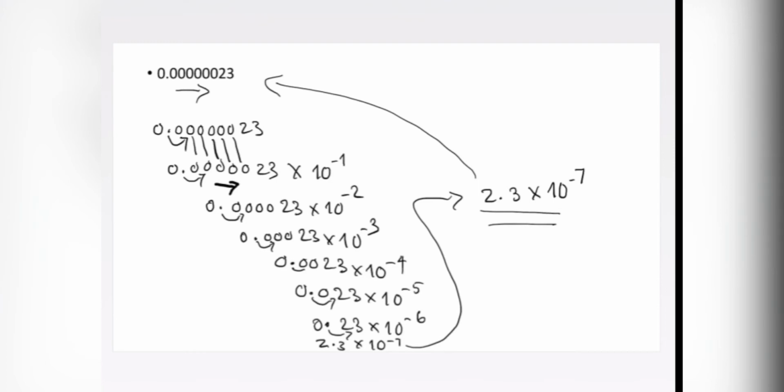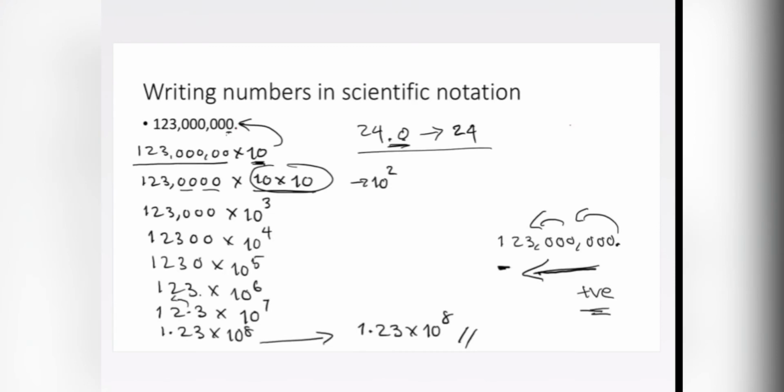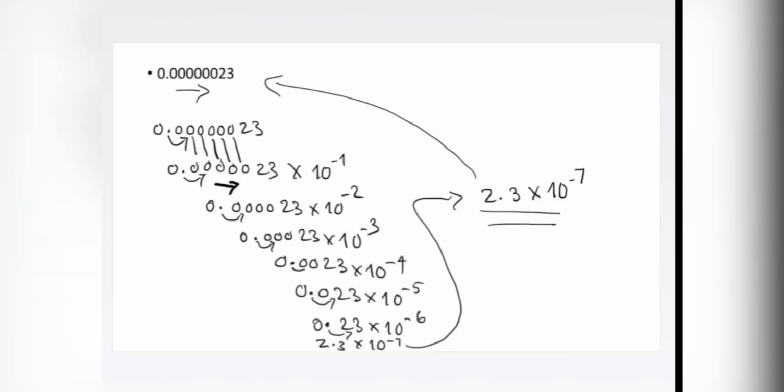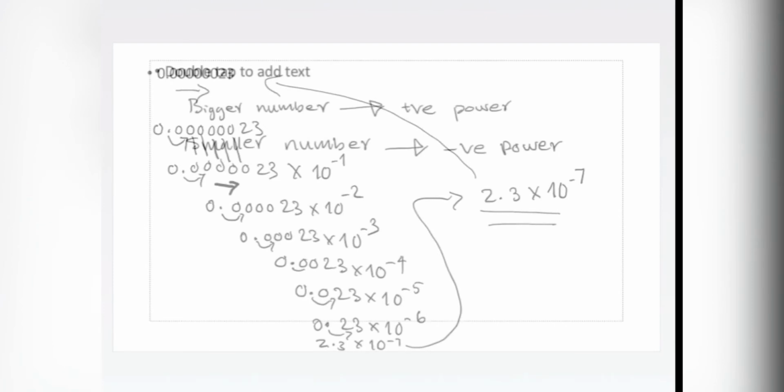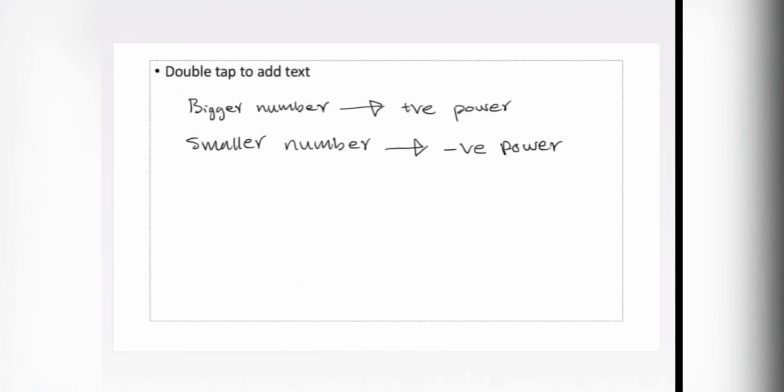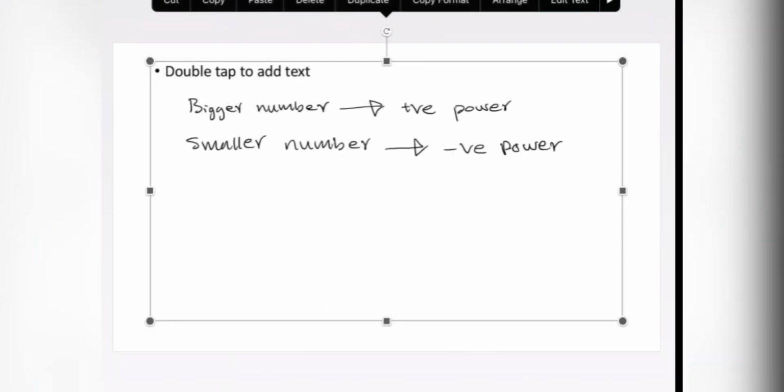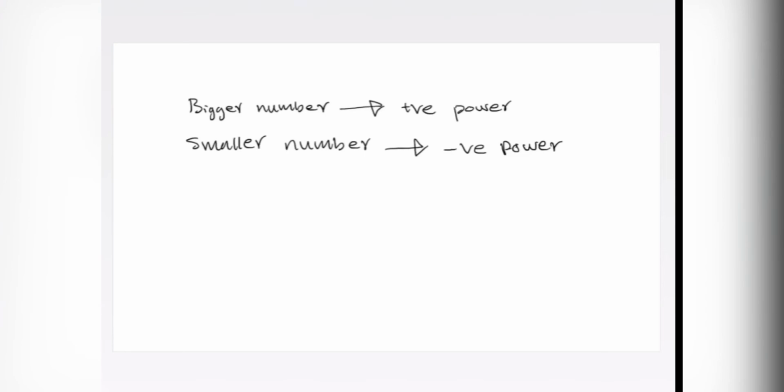Okay, let me stress again. When we have a bigger number, our power is going to be positive. When we have a smaller number and we are changing into scientific form, our power is going to be negative.